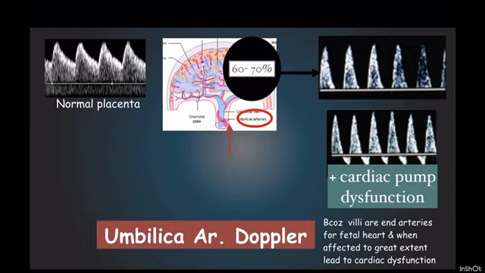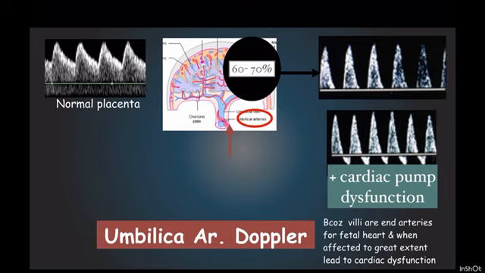Now let us see the placenta. If the placenta is normal, it's not affected, then you know that there is quite a good amount of diastolic flow in the umbilical artery.